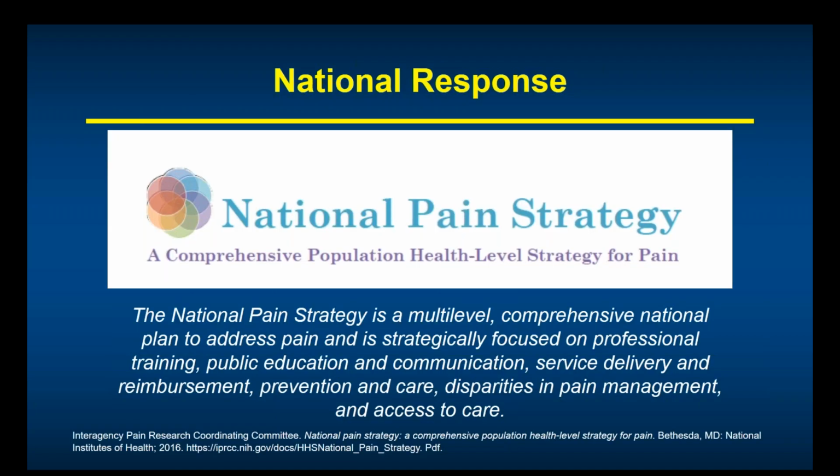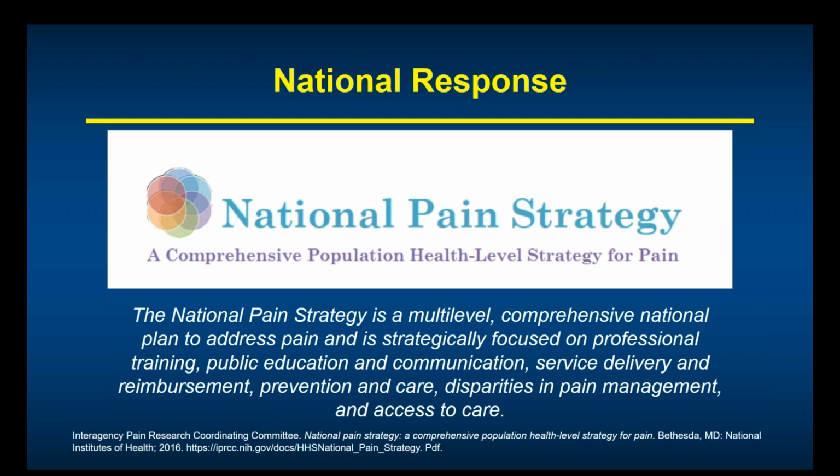Now, we are in a new era of having a national response, the National Pain Strategy. And this is a multi-level comprehensive report that addresses and strategically focuses on professional training, public education and communication, service delivery, reimbursement, prevention and care, and disparities in pain management and access to care.